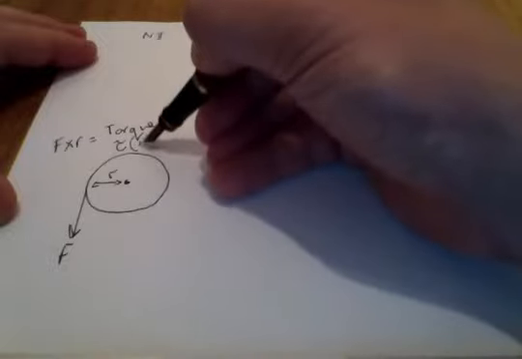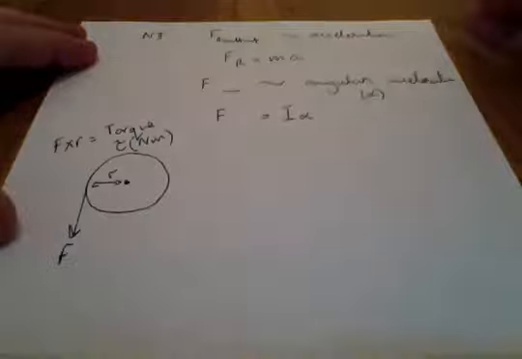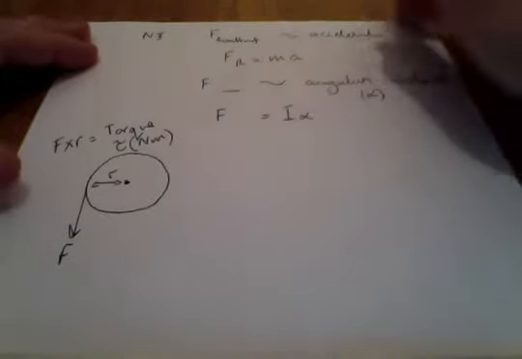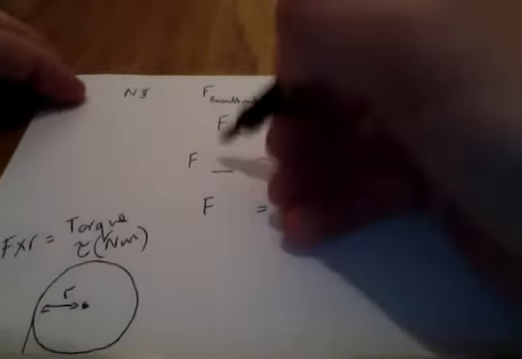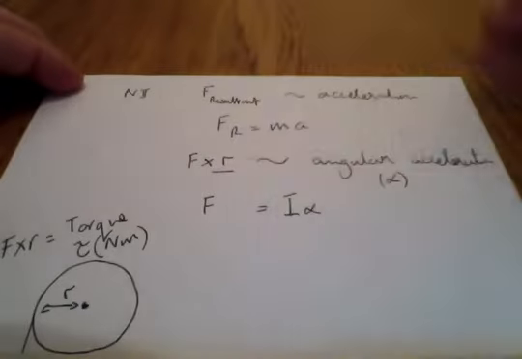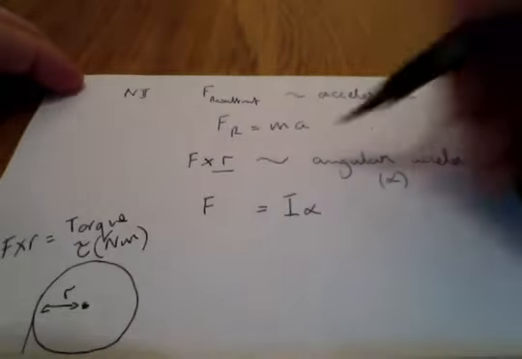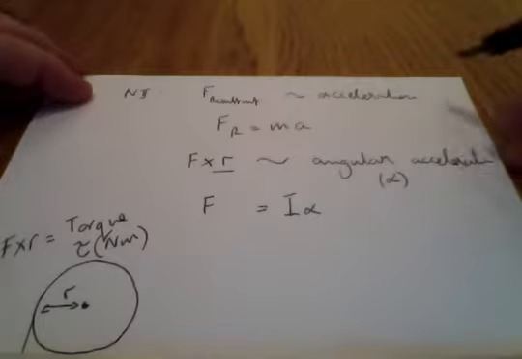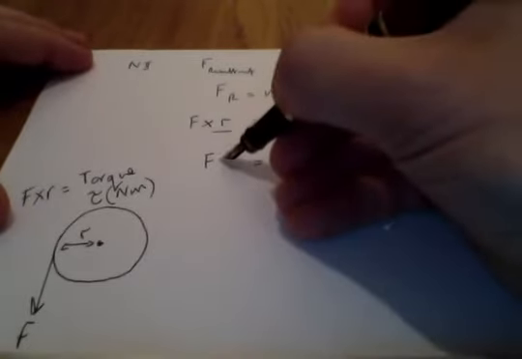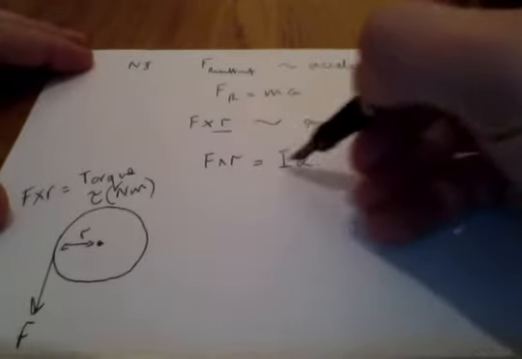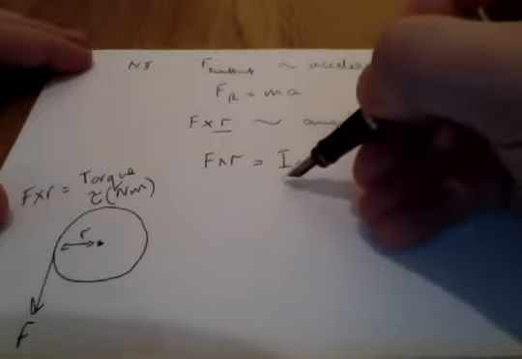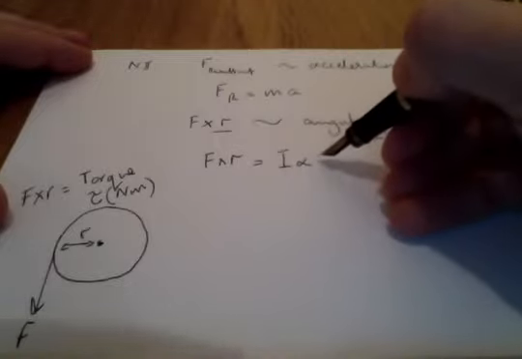The product of force times the distance is known as the torque, which is given the symbol T, and its units are newton meters. So what I should say back up here is the force times the radius, how far away the force is being applied, is proportional to the angular acceleration. Therefore, force times radius is equal to the constant of proportionality, the moment of inertia, times alpha.